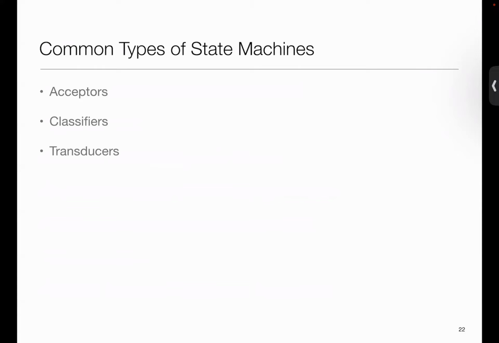Very broadly, the kinds of problems we encounter can be thought of as one of 3 types of state machines: acceptors, classifiers, and transducers. You can think of them as application-level functionality that gets realized, 3 broad categories.